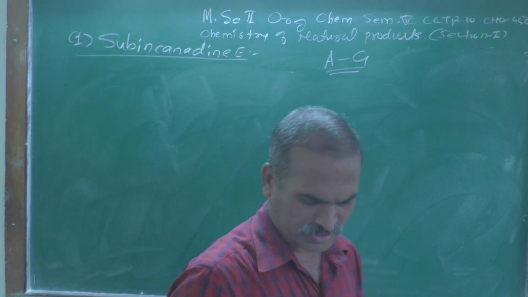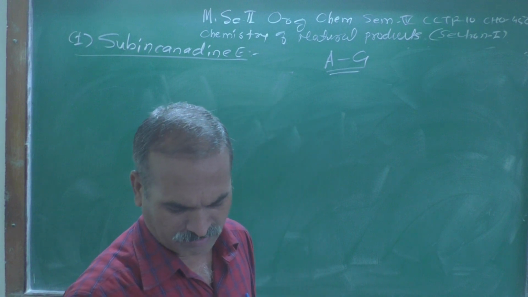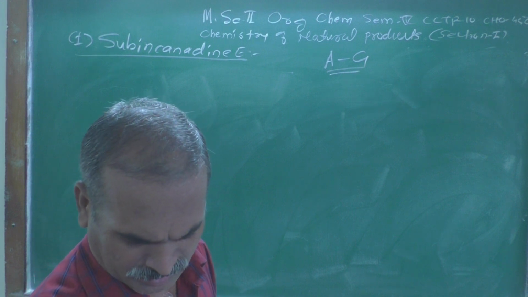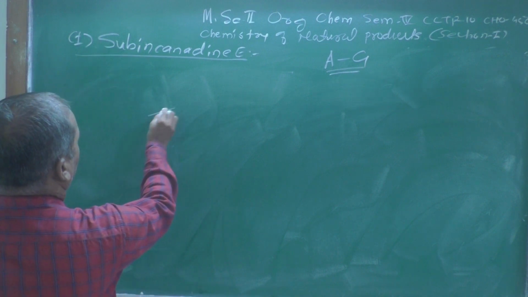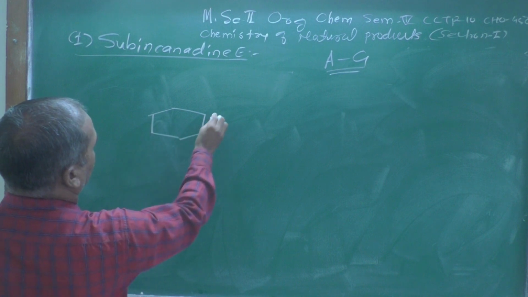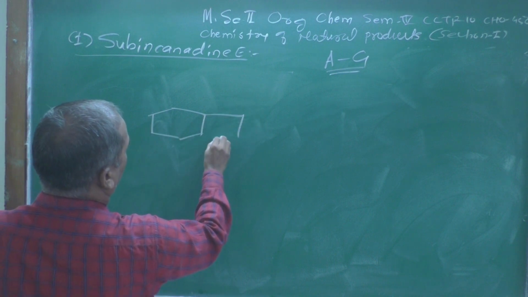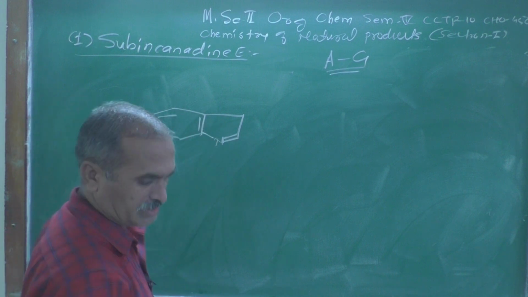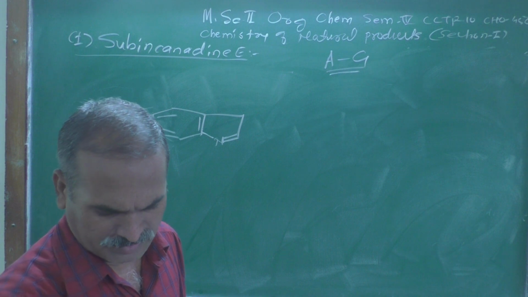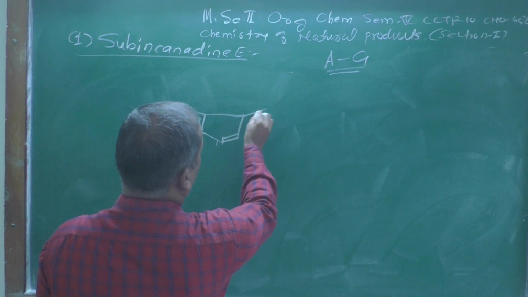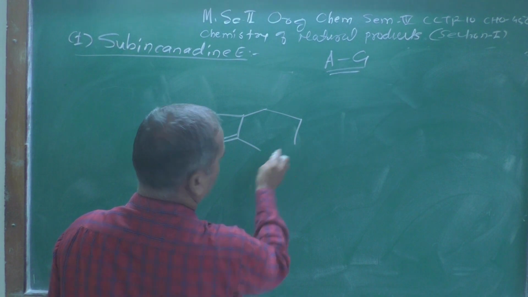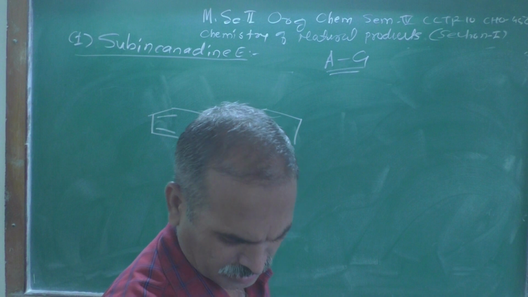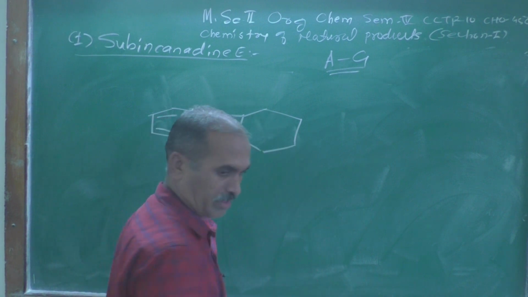Now, some of the structures I am going to draw over here. This is a structure which I am representing. Here is a nitrogen atom, a double bond, and this moiety remains as it is. Then there will be a 6-membered ring. Yes, this is a 6-membered ring.